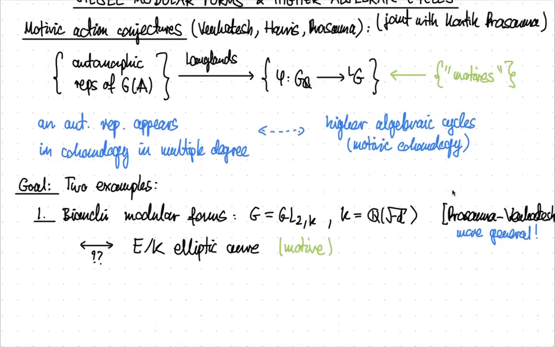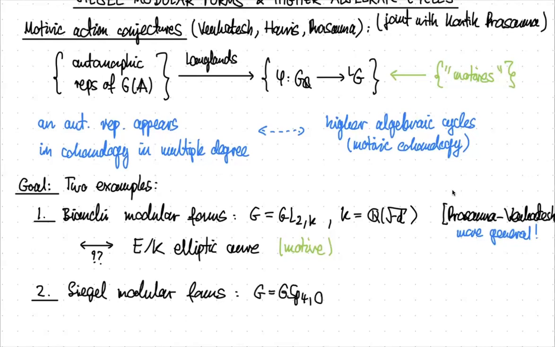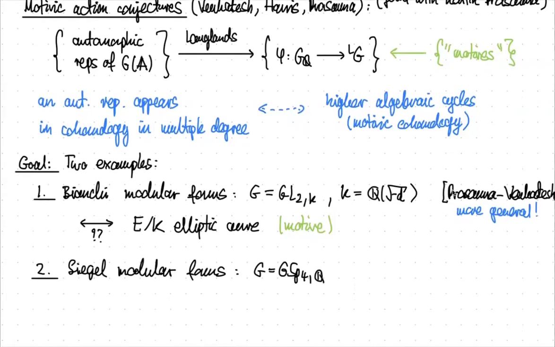Okay, so I explain this example, and then I'll explain this joint work with Kartik on Siegel modular forms. So here the group is GSp4 over Q, and there is this paramodularity conjecture that predicts that paramodular Siegel modular forms correspond to abelian surfaces.